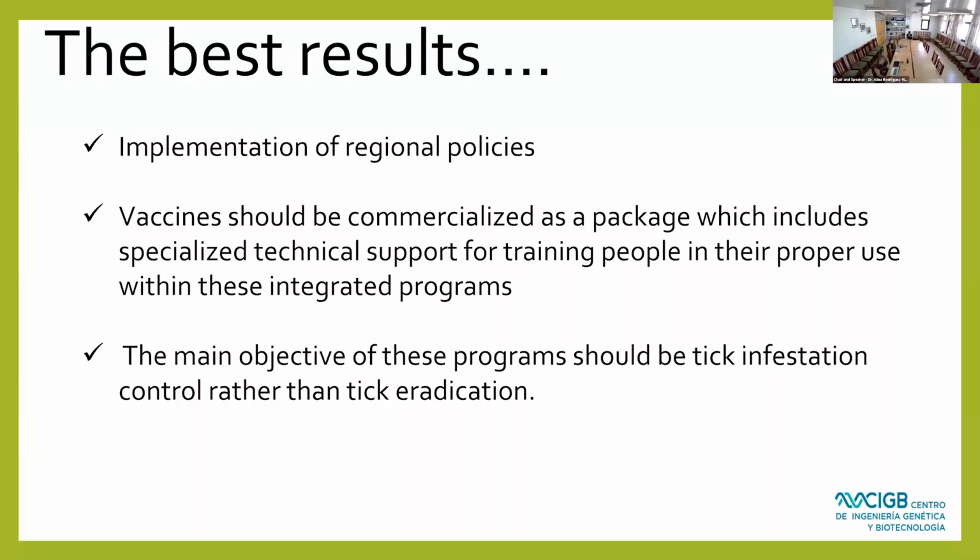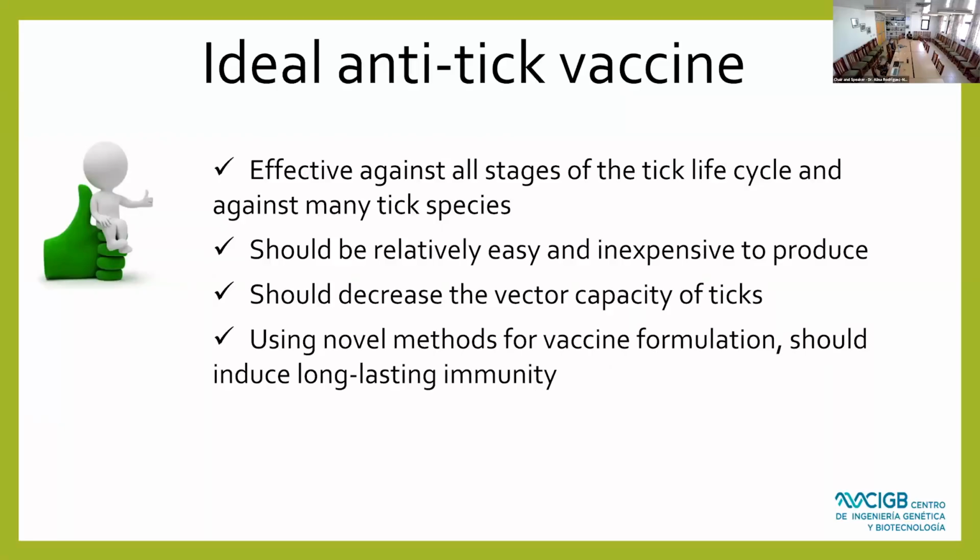As I told you, there are more than 900 species of ticks described in the literature, and for this reason you need to select antigens that are present in all the stages of the tick's life cycle, and also effective against many tick species.